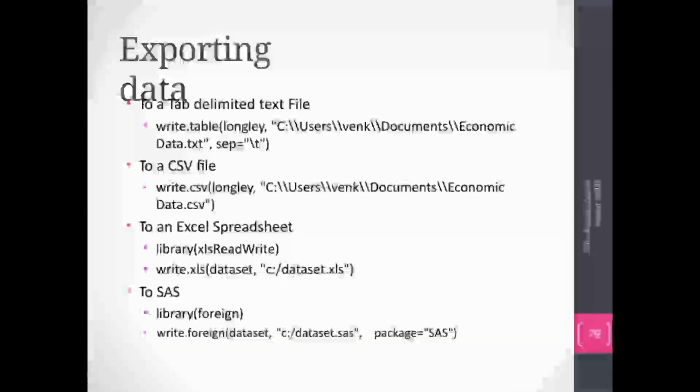In this slide, we're focusing on exporting data from R, which is a crucial step in data analysis workflows. Here, I'm demonstrating how to save our sales data into external files using the write.table function. First, we save it as a tab-separated text file, specifying the file path and setting sep equals \t to indicate tabs as separators. Then, we also export the same data as a CSV file, which is very common for sharing data across different applications.